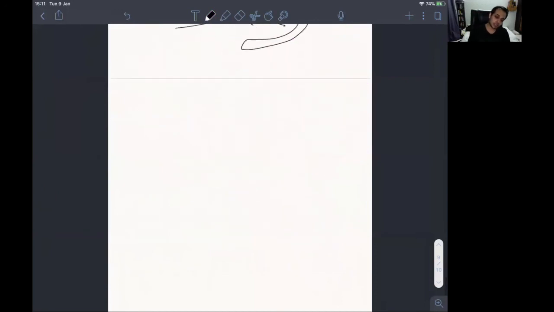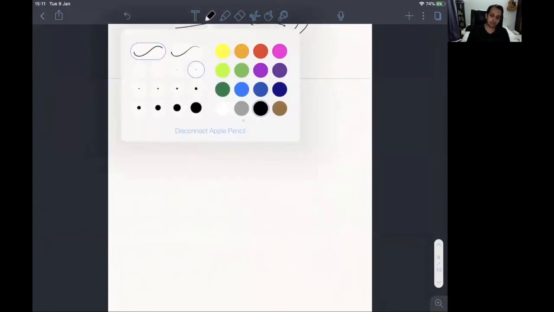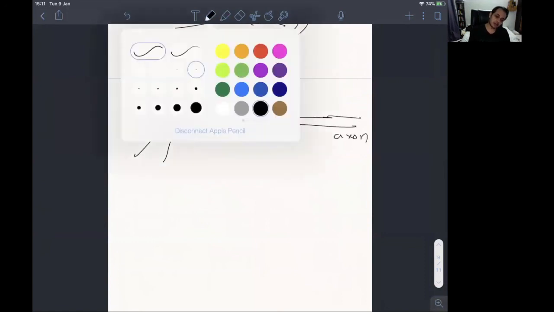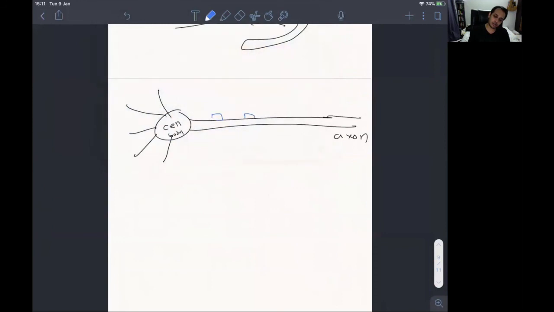What about tau proteins? So what are these tau proteins? I'll give you a basic concept. Again, this is the cell body and this is the axon. Now there are these structures along the axon called microtubules that help the axon carry nutrition.